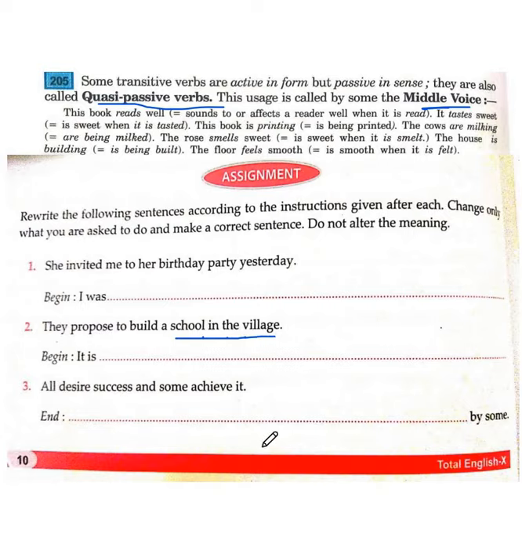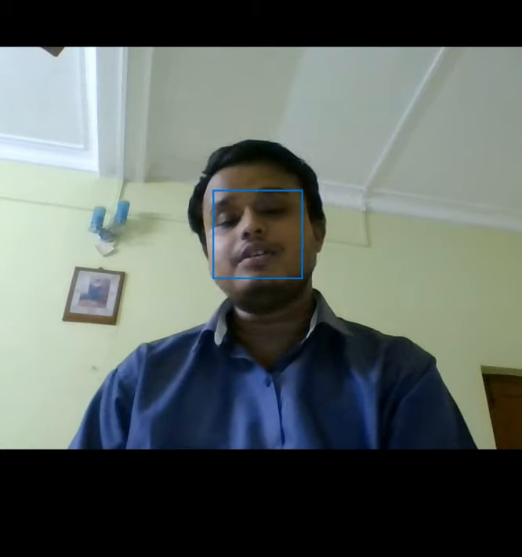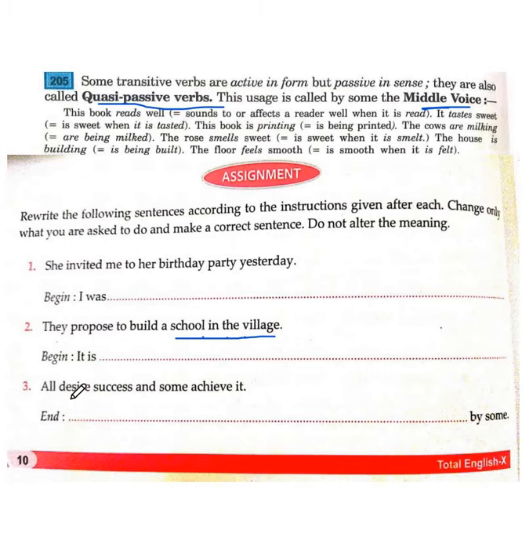All desire success and some achieve it. Again this is very interesting. You can change both parts, or only the first part, but you have to end with "by some". So you can write: Success is desired by all and achieved by some.